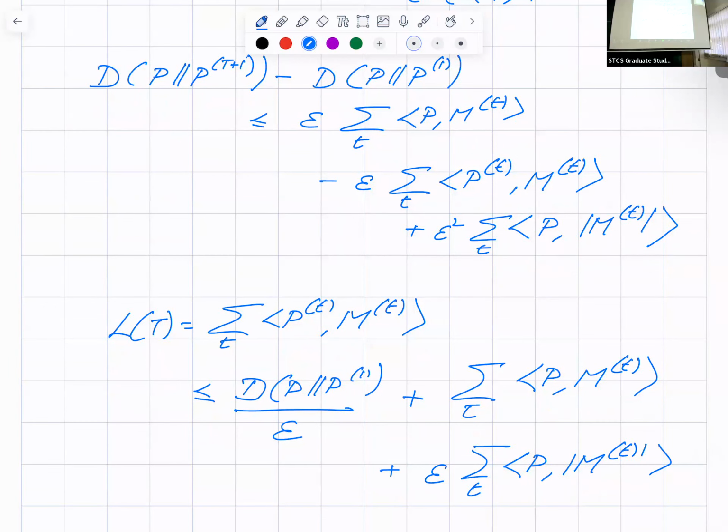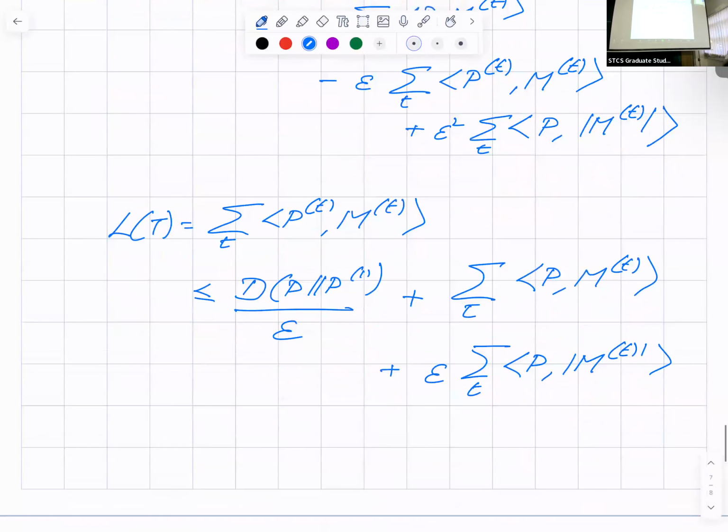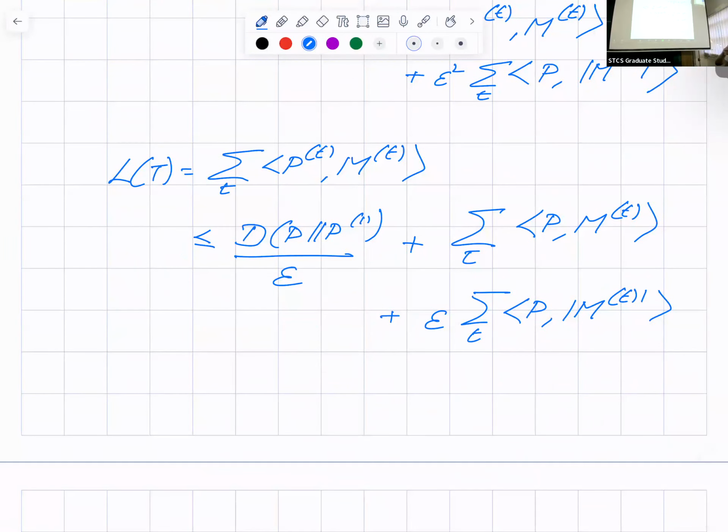But put in all the terms here, and I would have a minus sign, but that's only going to bound it even higher up. So I'll probably drop it. There's a minus D of P hat PT plus 1. I'll just drop it off completely. That's only going to improve the inequality.